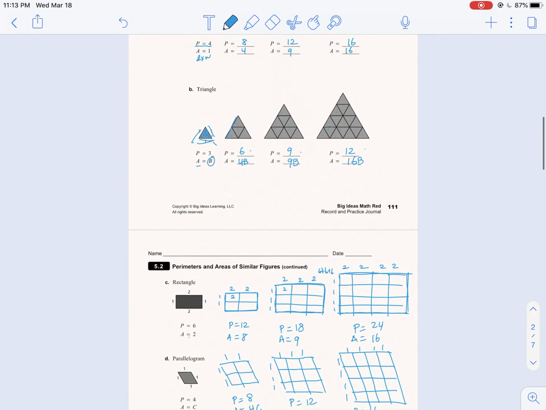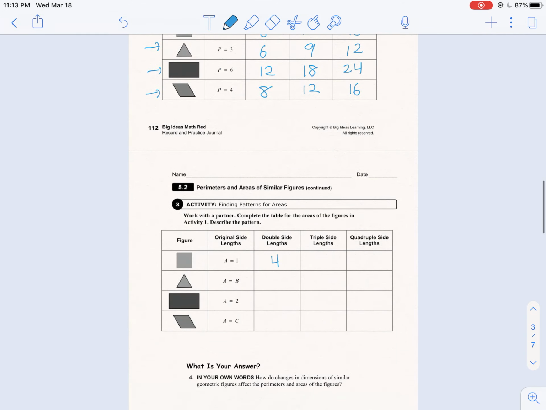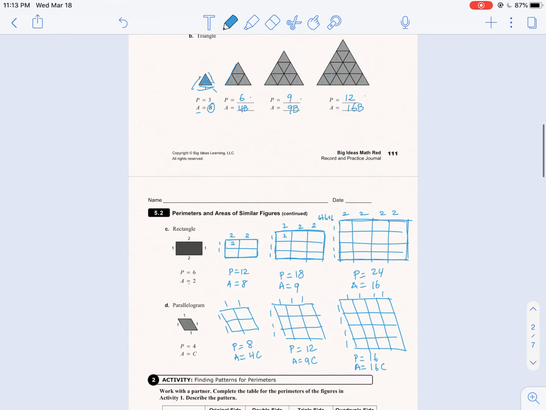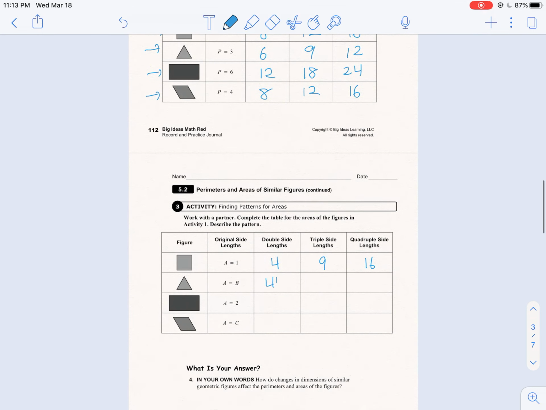So you started with 1, and then on the top, you went to 4, 9, and 16. For a triangle, you had 4B, 9B, and 16B.